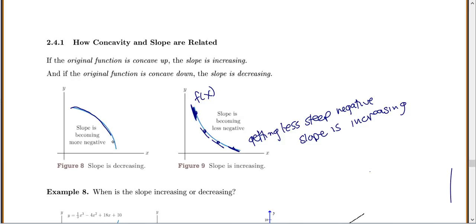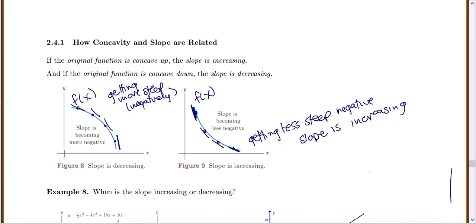And over here in this function, our original function f of x, if you were to draw in your slope values, it looks like we are not very steep, more steep, more steep, really steep. So getting more steep negatively.